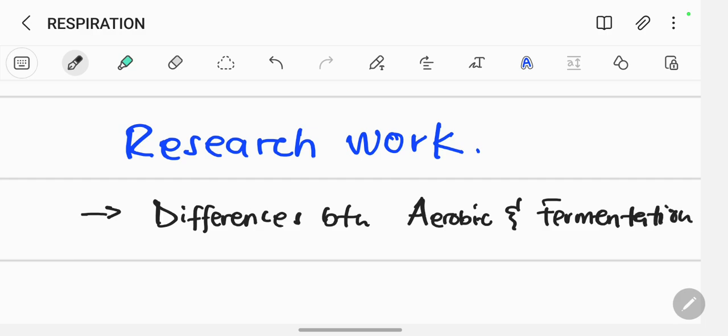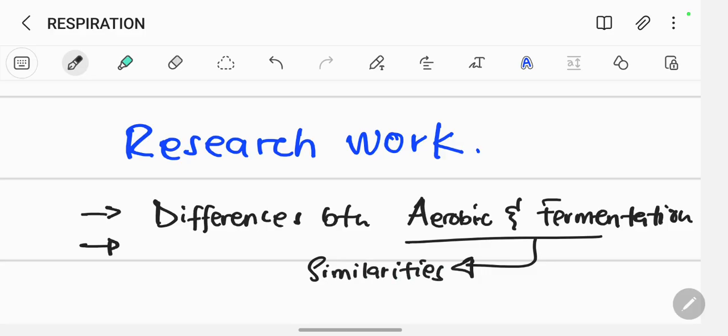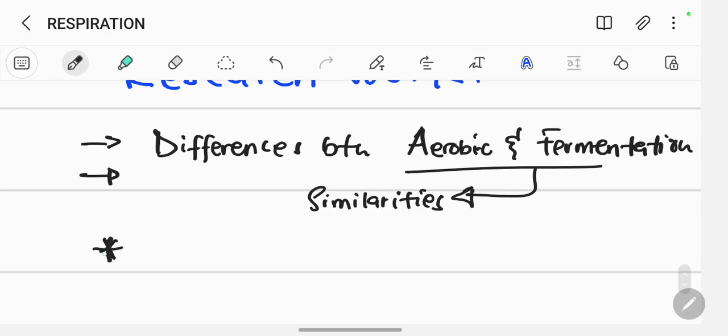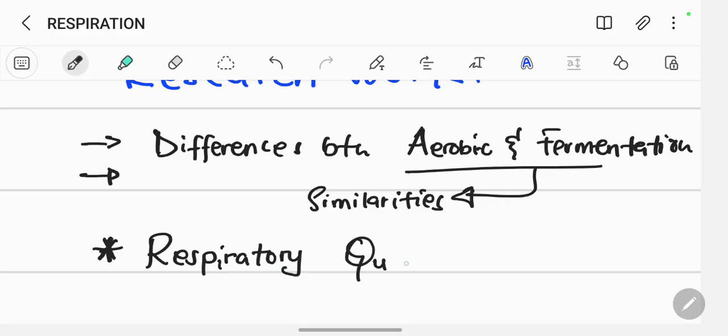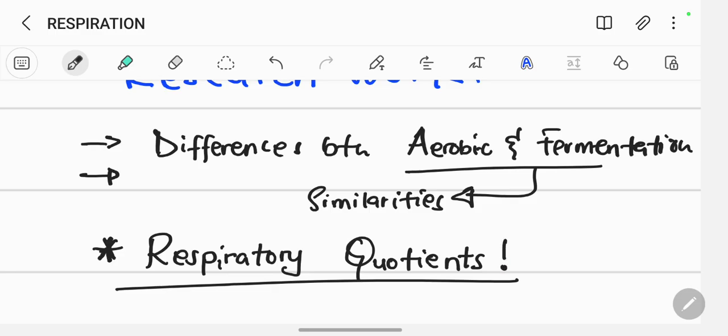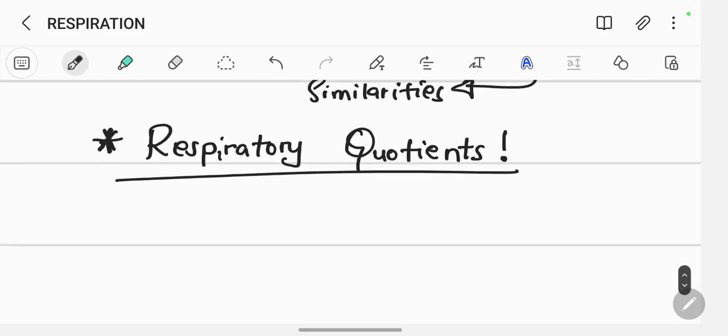Then look for their similarities. After, and this one is very important, look for respiratory quotients. So this is the end.